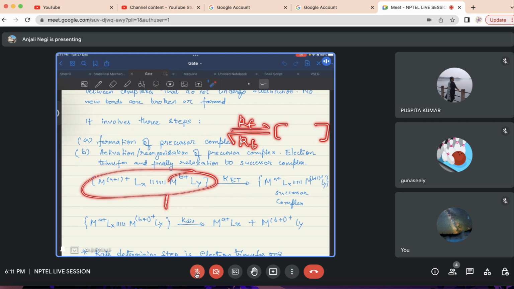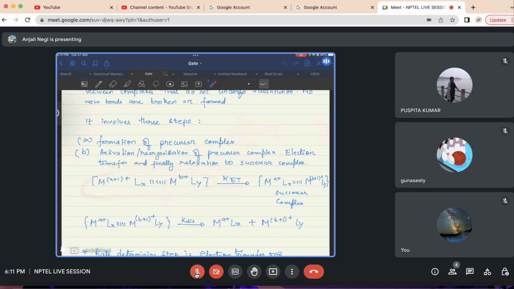So when I have my precursor complex, that is, my two complexes are very close to each other to have an outer sphere electron transfer without breaking or substituting any bond or any ligand, this gives the electron transfer step. So after the precursor complex is formed, we have electron transfer. This is KET. So there is the activation or reorganization of the precursor complex, the electron transfer, and finally relaxation to the successor complex.